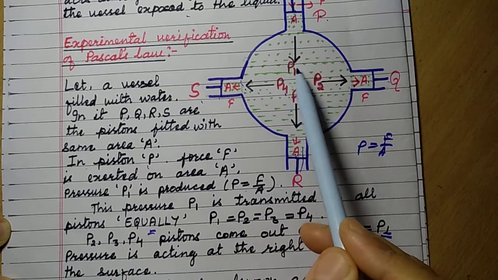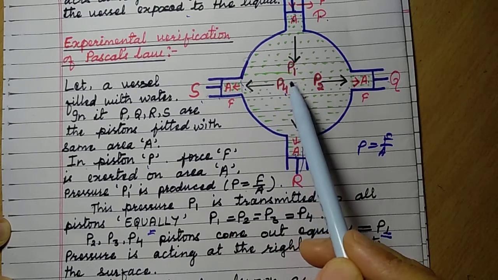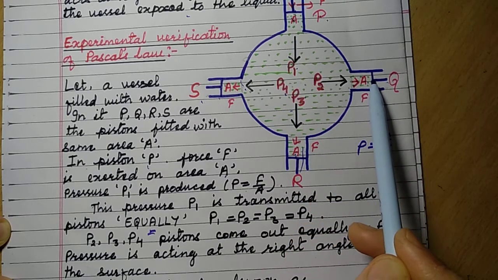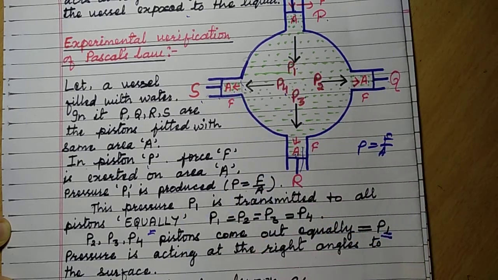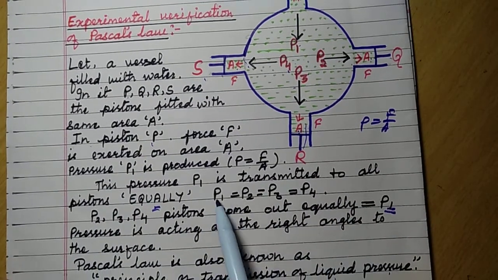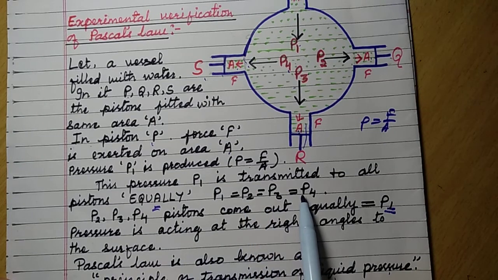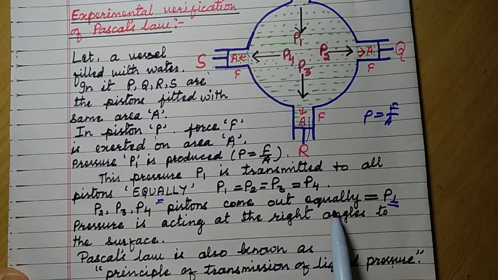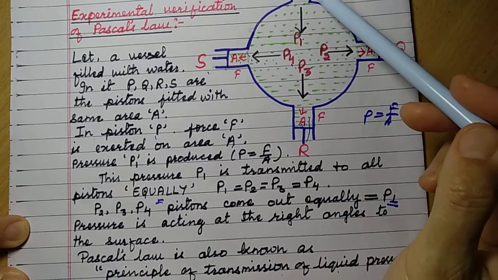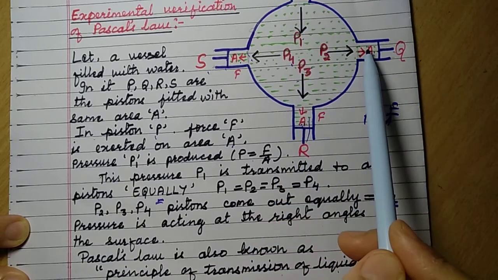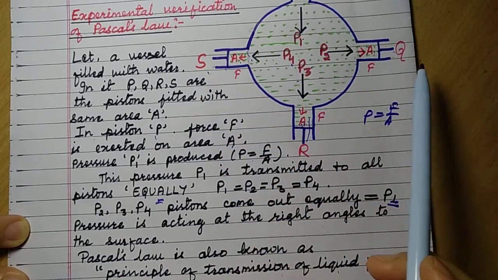So pressure 1, pressure 2, pressure 3, pressure 4, all these are equal, and this pressure is acting on this piston, this piston, this piston. So this pressure P1 is transmitted to all the pistons equally. That means P1 is equal to P2 equal to P3 equal to P4. Now P2, P3, P4 pistons come out equally because this piston is pushed inward, and because of this pressure other pistons will come out equally.